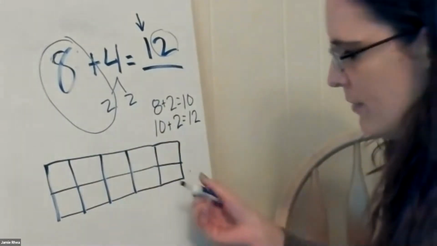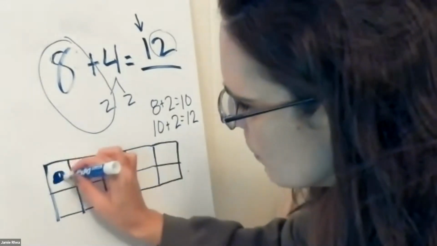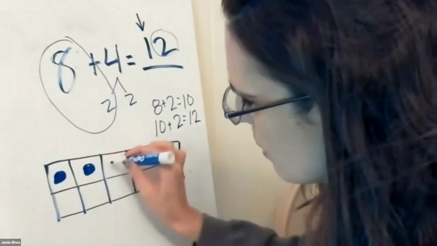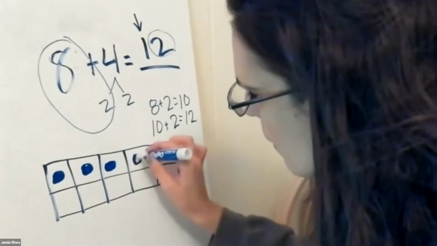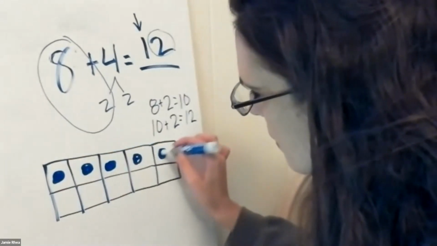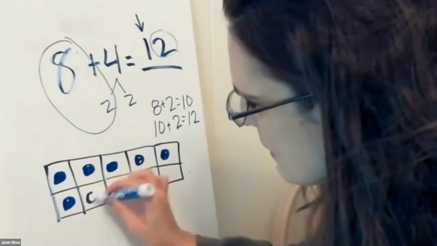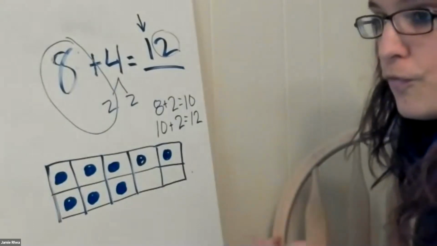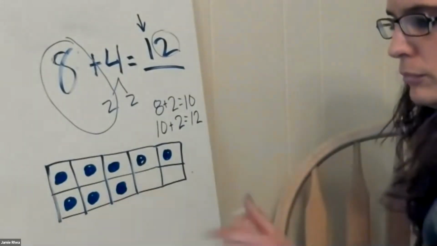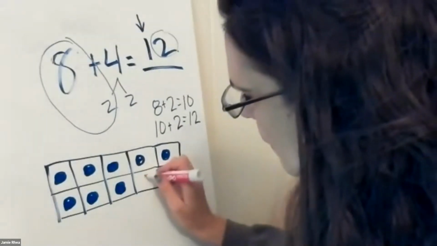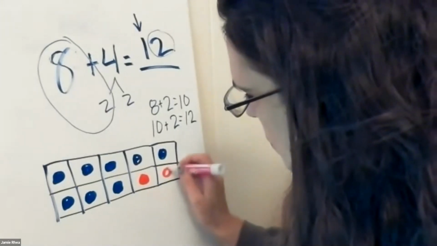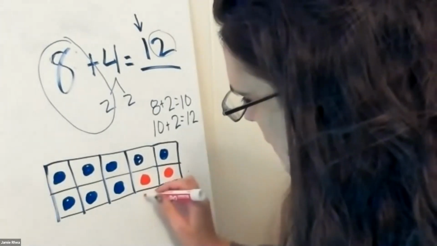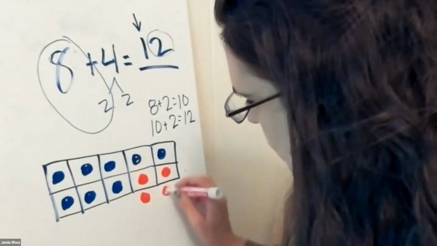Now, if I have 8, 1, 2, 3, 4, 5, 6, 7, 8, plus 4 more. 1, 2, I'm going to put these down here, 3, 4.